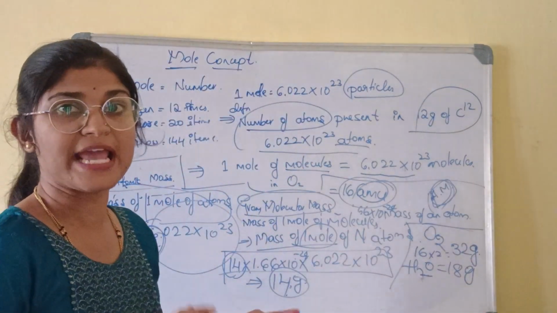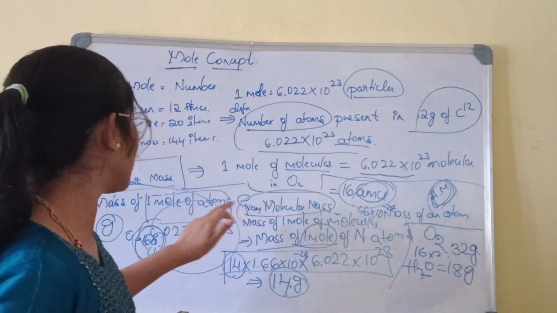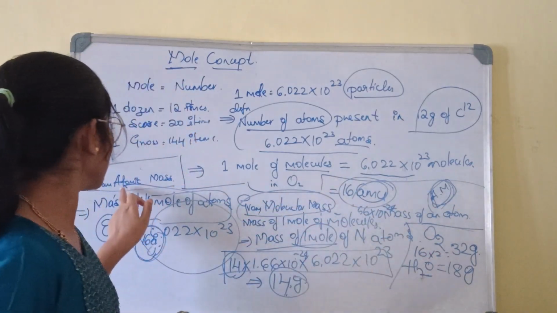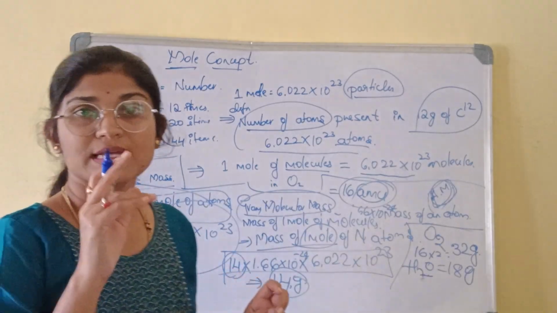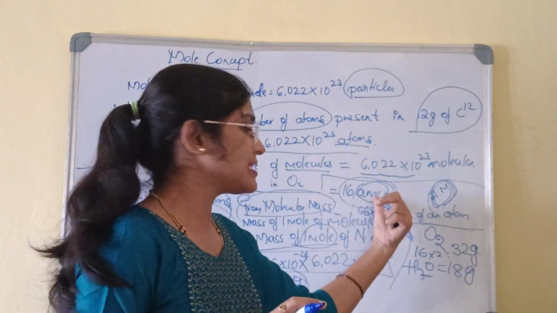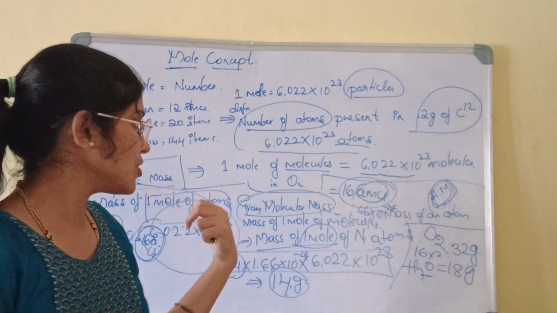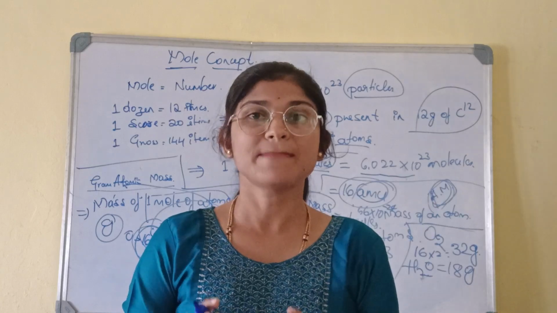The number will be the same, but the unit will be different. In atomic mass we use AMU, and in gram atomic mass we use gram. This is about gram atomic mass and gram molecular mass.